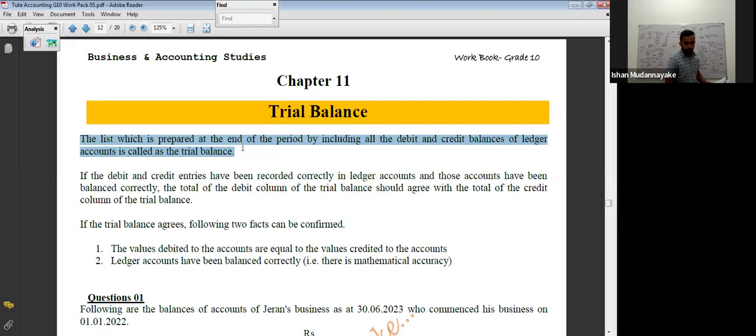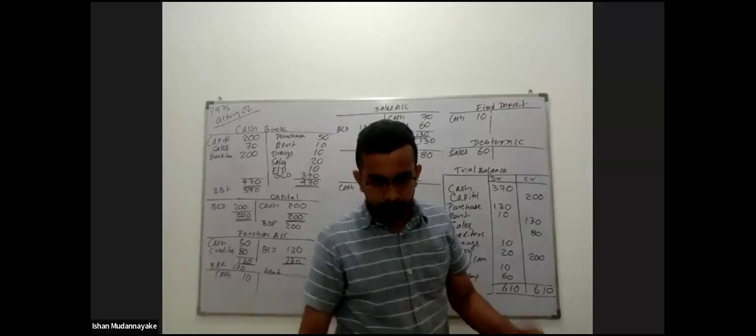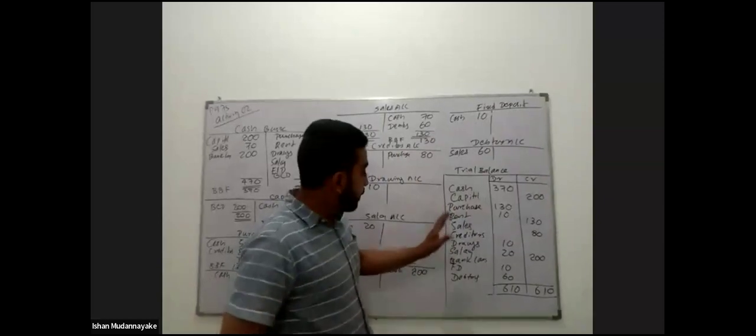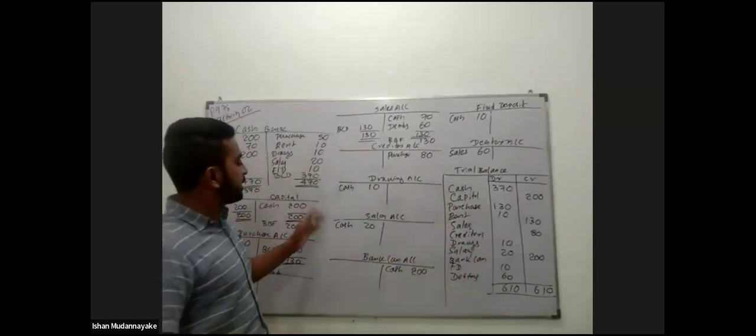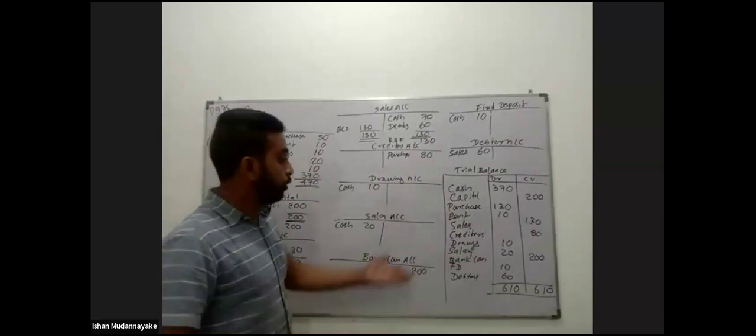Please see this one. The list which is prepared at the end of the period by including all the debit and credit balances of ledger accounts is called trial balance.